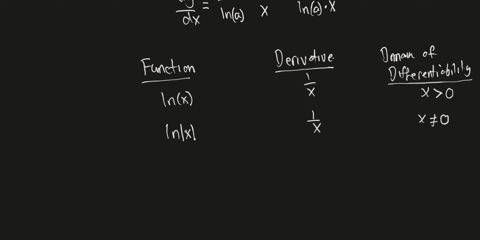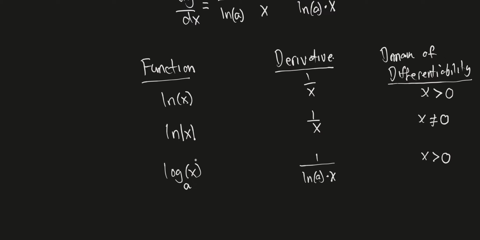So what if we have a general logarithmic function, the log of x in base a? Its derivative is 1 over the natural log of a times x, and this is also valid for x greater than 0.